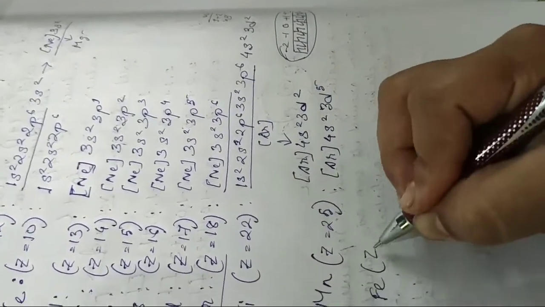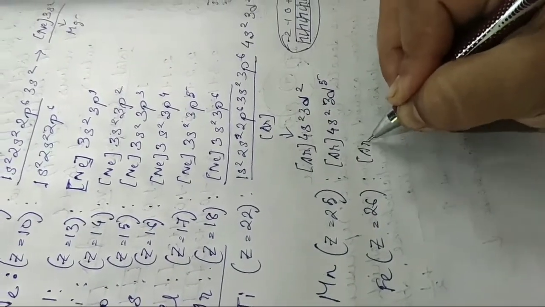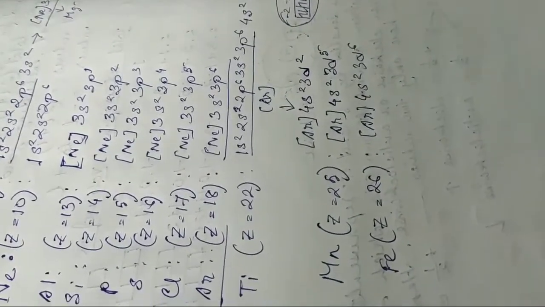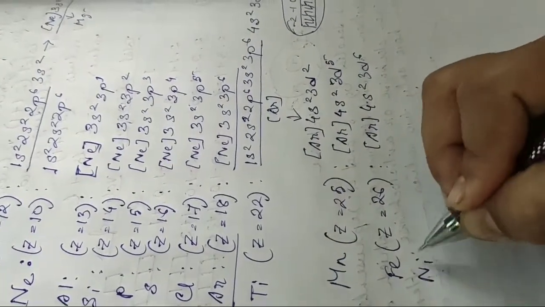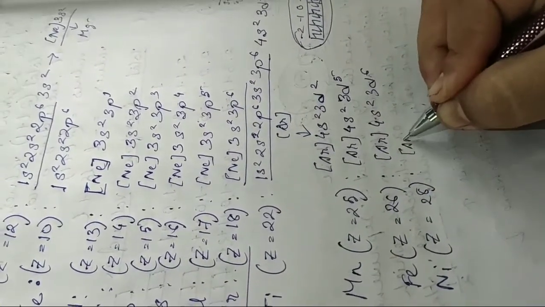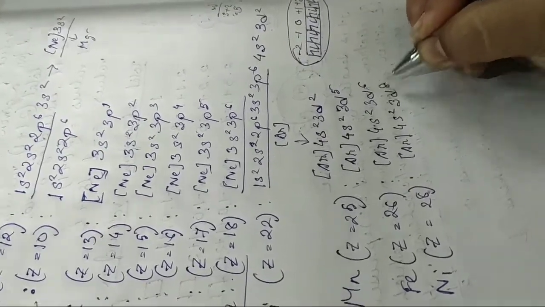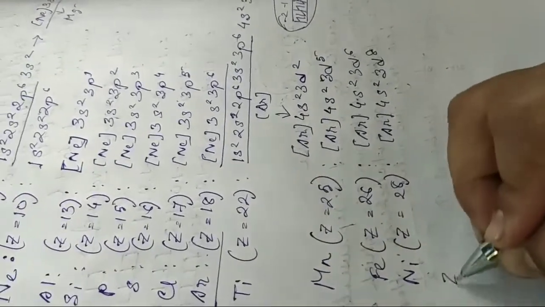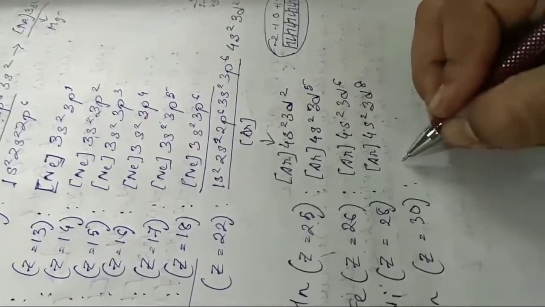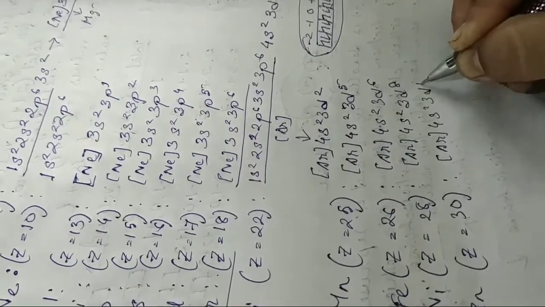Iron, if you write 26, it will be argon 4s2 3d6. Nickel, if you write Z equal to 28, it will be argon 4s2 3d8. Zinc, if you write Z equal to 30, it will be argon 4s2 3d10.